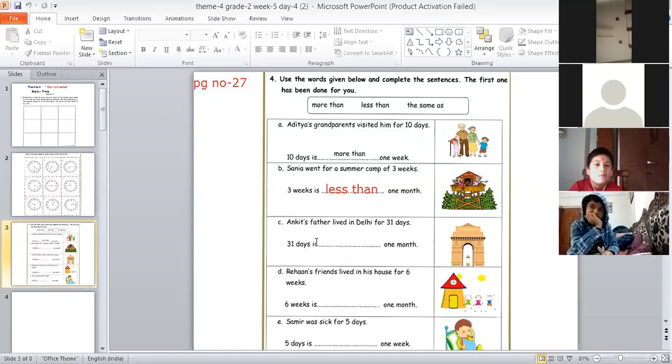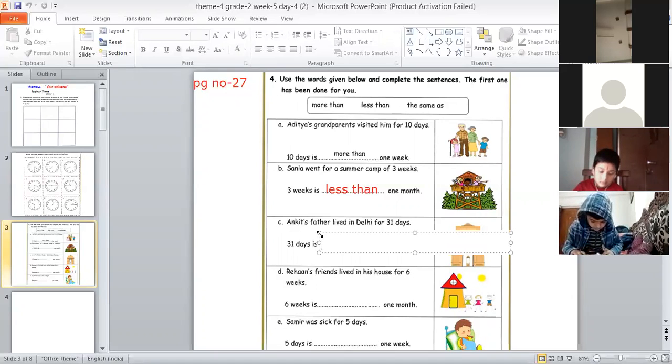But generally we'll take it as any month except February. They said 31 days, so we will write the same as. We will not write less than, we will not write more than.